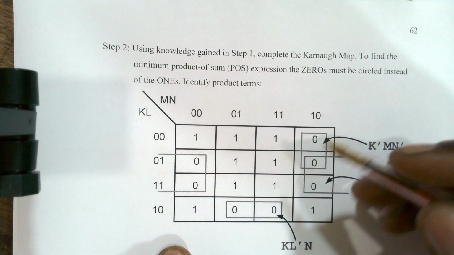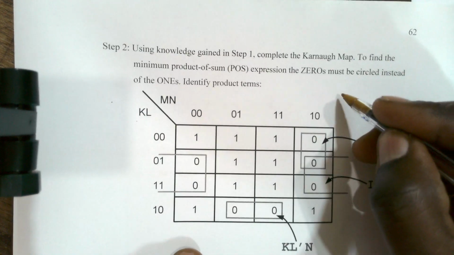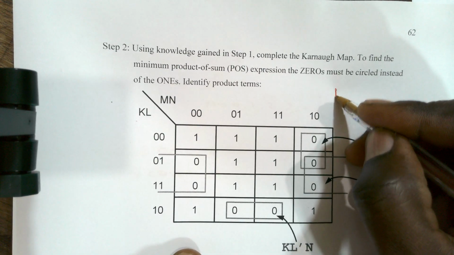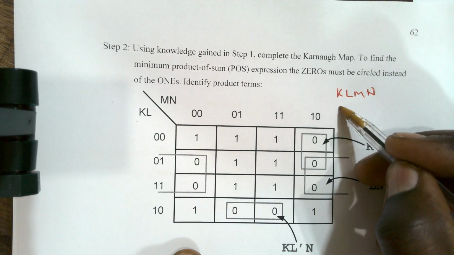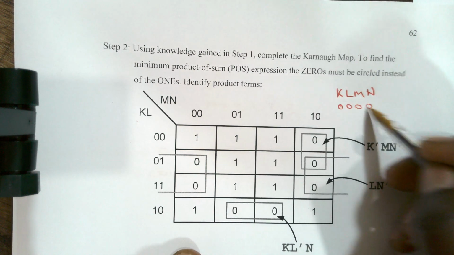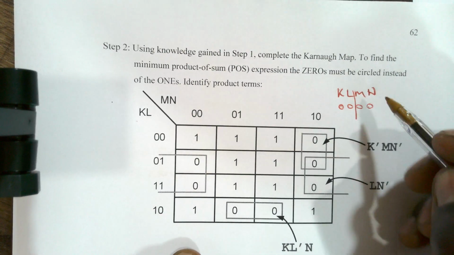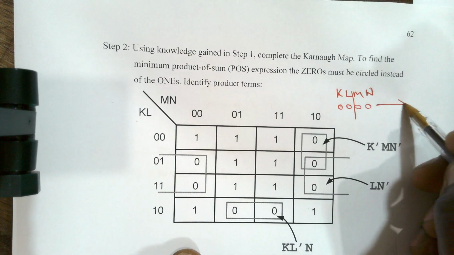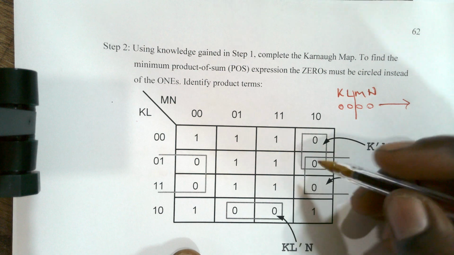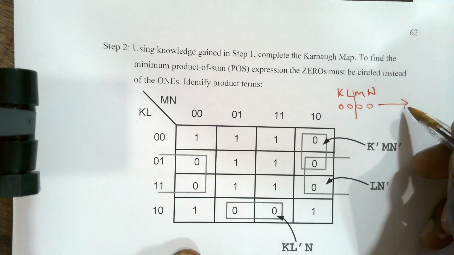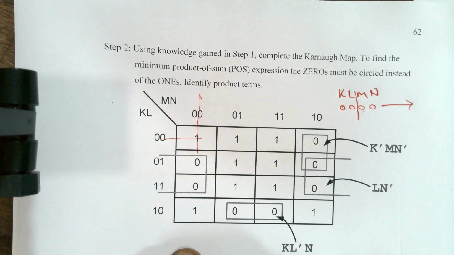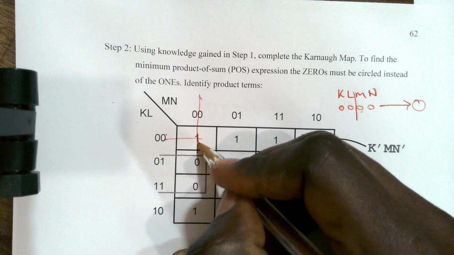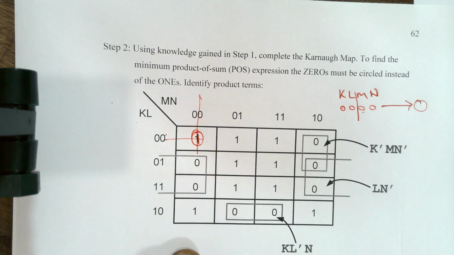For instance, if from the truth table we have K, L, M, N with values 0, 0, 0, 0, we look at the corresponding value of the output. When we look at the combination 0, 0, 0, 0, whatever the output is, we're going to store it in that box.